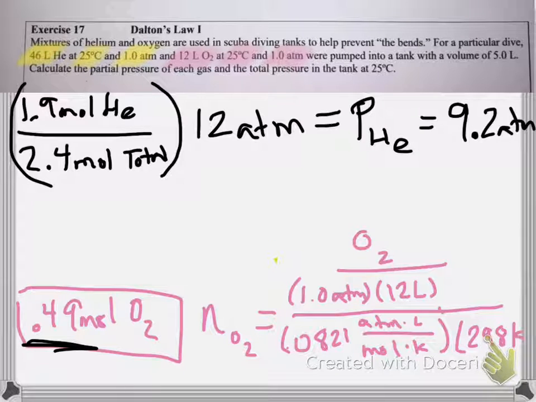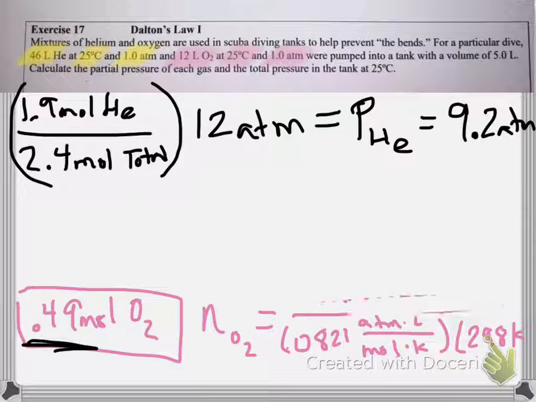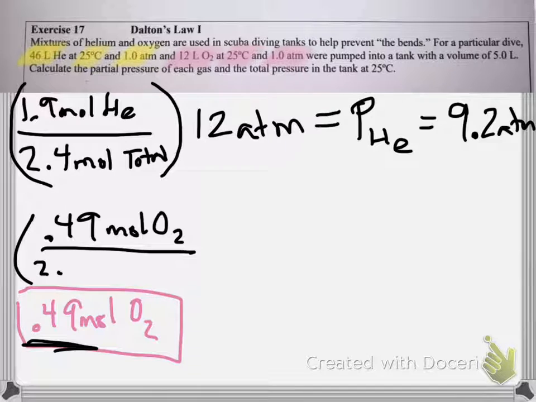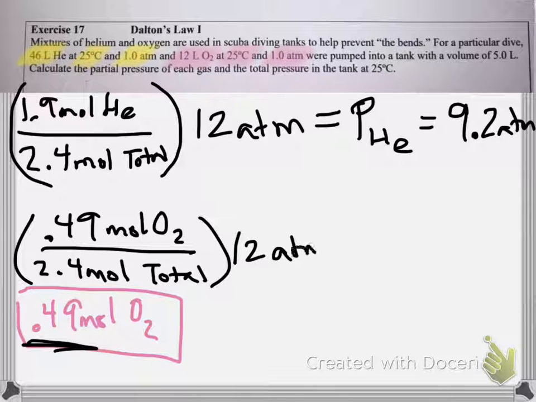Now we need to figure out the total amount of pressure just from the oxygen. That would be our 0.49 moles of oxygen divided by our total number of moles, 2.4 moles in total, times our total pressure, which is 12 atm, and that brings us to 2.4 atm.